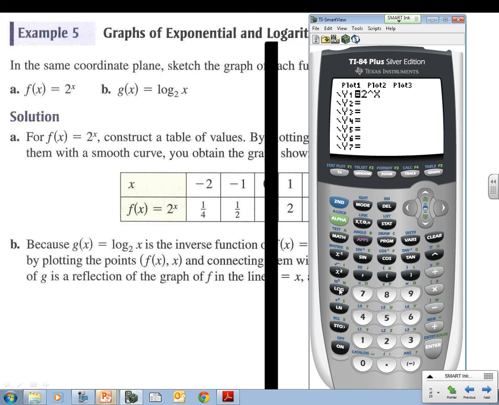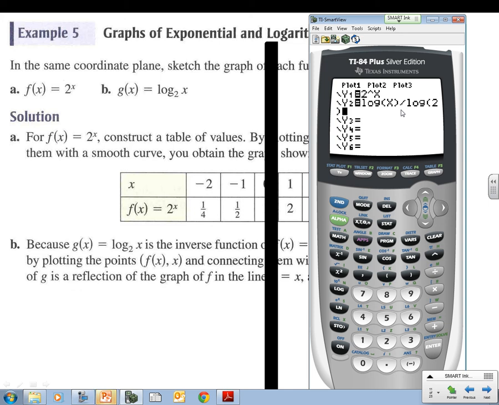Some of yours might have a function on here where we can change the base. We don't, so we're going to have to do log x over log 2. And this is called the change of base formula.